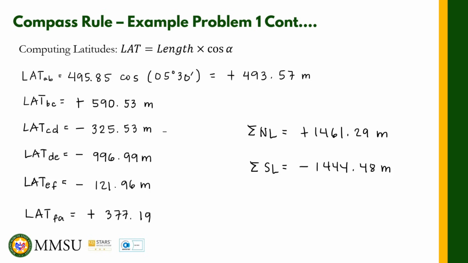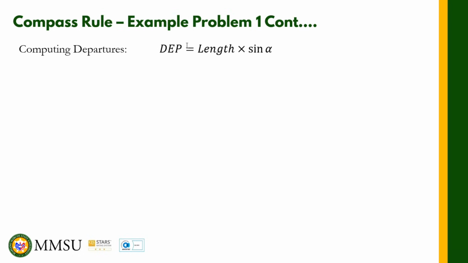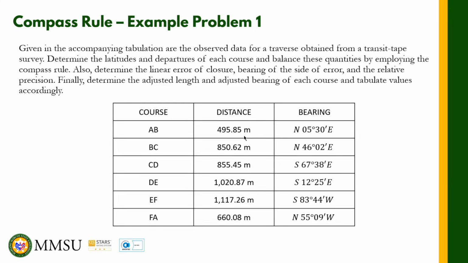Okay, so the next one, we have to compute for the departure naman. Departure on the other hand is computed using the formula length or distance multiplied by the sine of the bearing. So ganun pa rin, ang nag-iba lang yung function. Instead of cosine, sine naman for the departure. So for the departure of AB, we have 495.85 meters multiplied by the sine of 5 degrees 30 minutes.